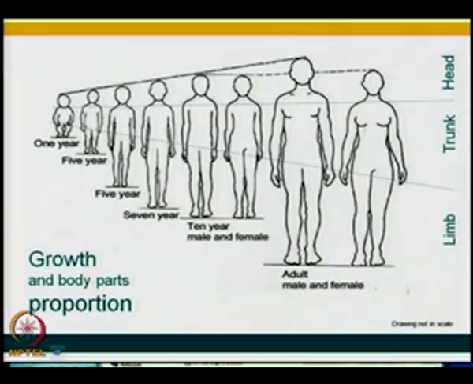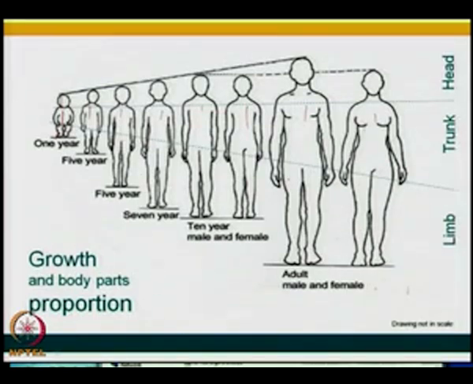Now, if we see the growth pattern, the left hand corner is that 1 year boy, if we see the total head, trunk and other limbs, and if we see the growth pattern, then in 5 years, and then 7 years, then 10 years male and female and adult male and female, there we can see that the head structures, head sizes, the proportion it follows, the trunk sizes, the proportion are not the same and the limbs are also not the same.